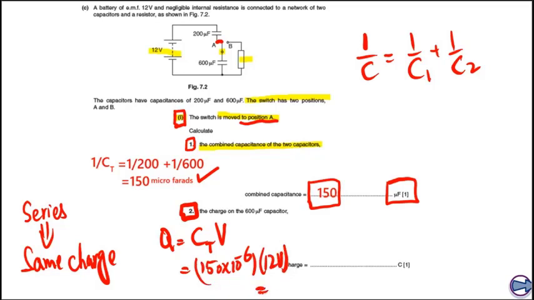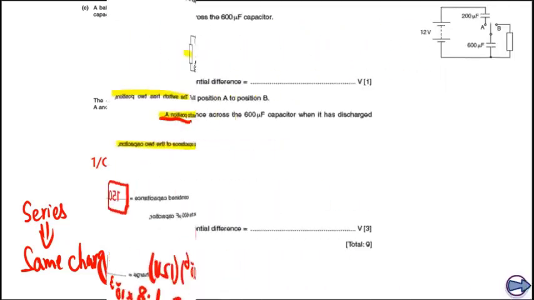If we multiply, our final answer is 1.8 times 10 to the minus 3 coulombs. That is the charge on the 200 microfarad capacitor, and the same amount of charge, 1.8 millicoulombs, is on the 600 microfarad capacitor.